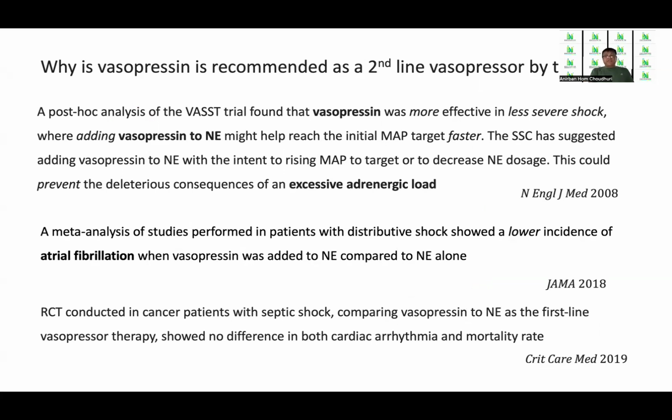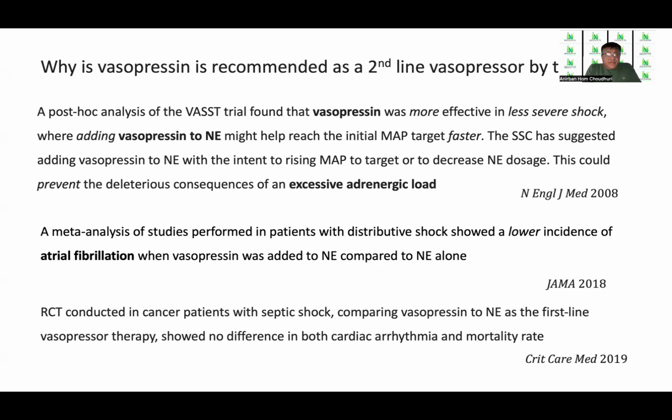So the Surviving Sepsis Campaign guidelines had suggested adding vasopressin to norepinephrine with the intent of raising the MAP to target or to decrease the norepinephrine dosage. In both cases, the patient's outcome improves and the duration of hospital stay is reduced. So this could prevent the deleterious consequences of the excessive adrenergic load or adrenergic drive that these patients go through.